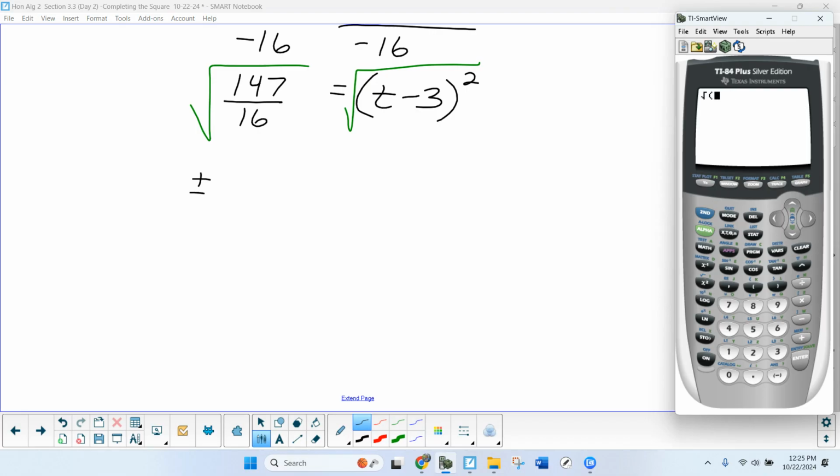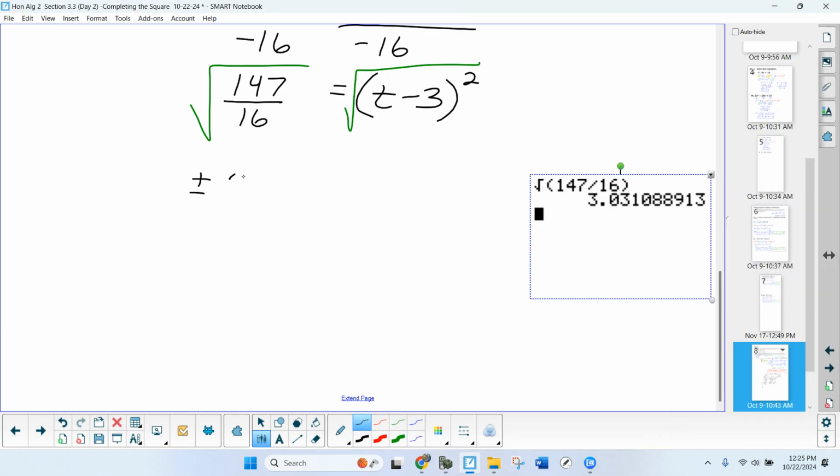And now I can go to my calculator. I'm going to do the square root of 147 divided by 16. And when I do, I got 3.03. Did you guys get 3.03? And that has the plus or minus on it. What do you do now? Add 3.